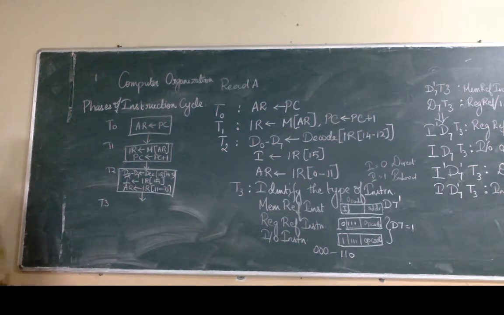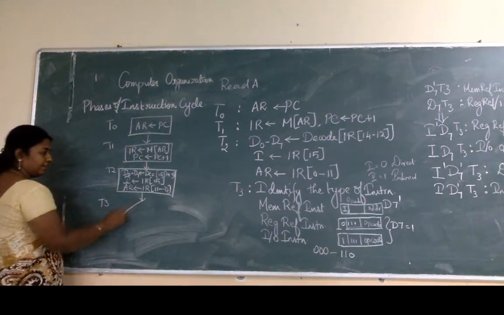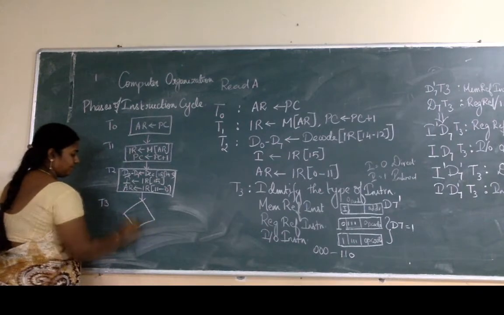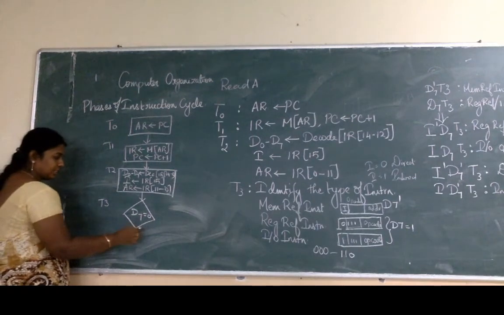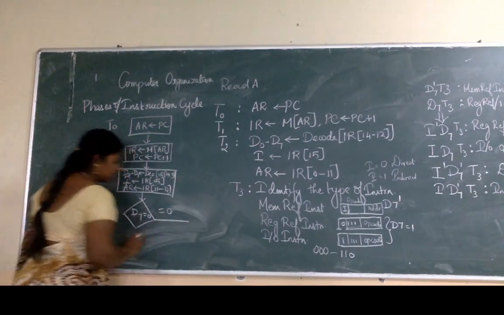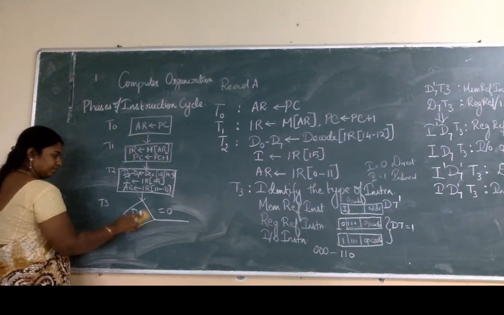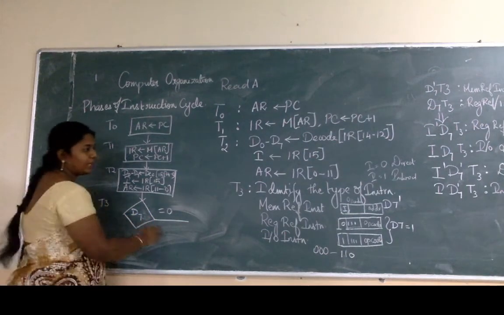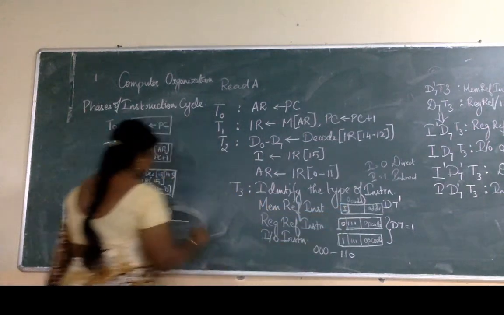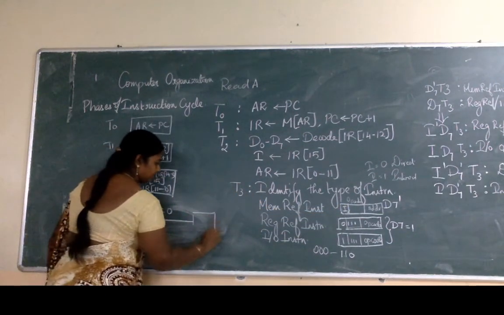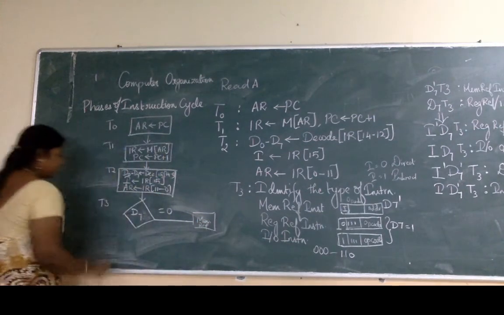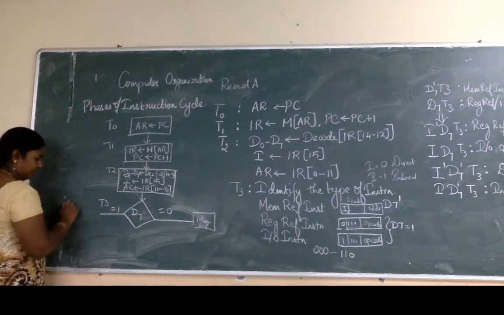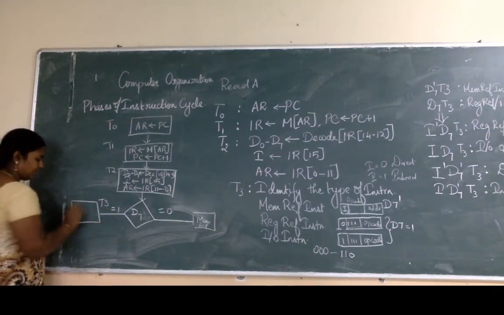At time cycle T3, I have to check the value of D7. If its value is 0, then it is a memory reference instruction. If its value equal to 1, then it is either a register reference or an IO instruction.